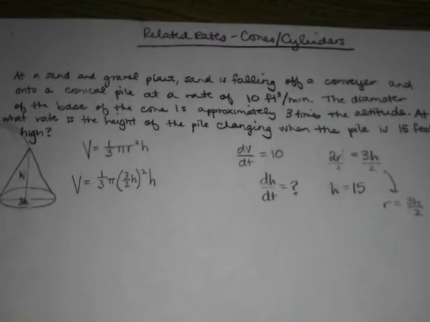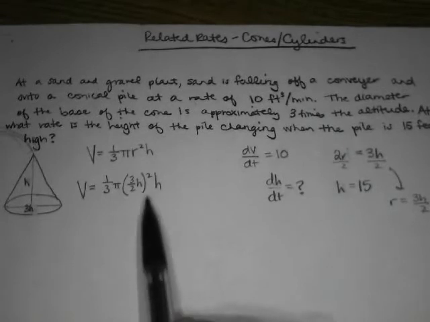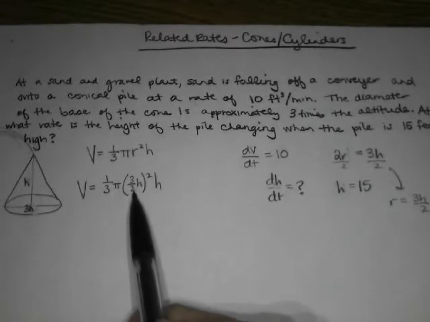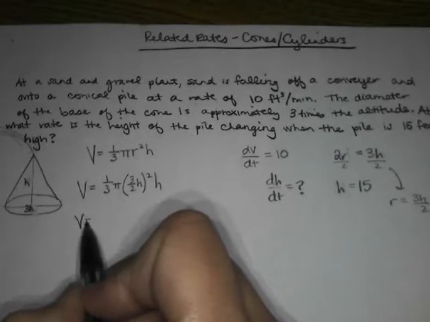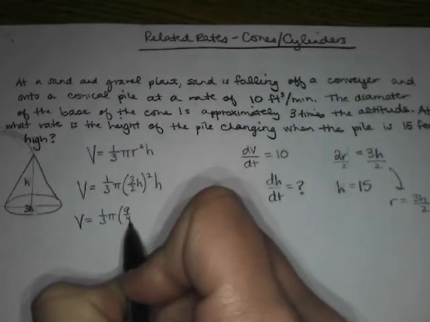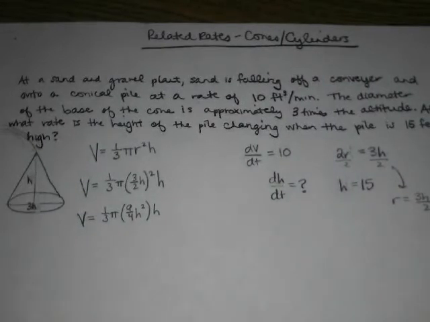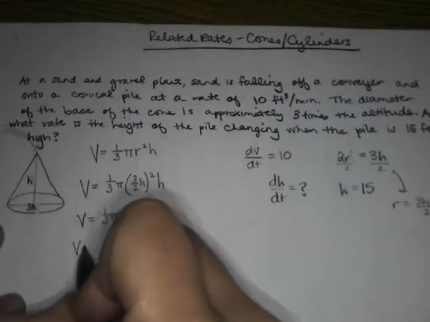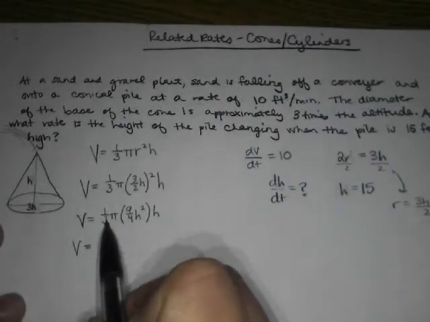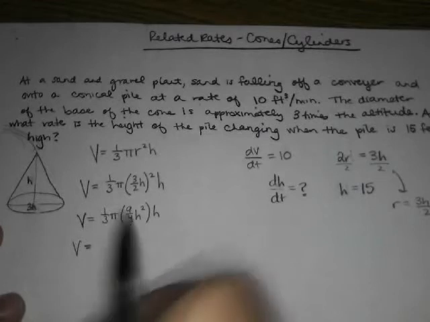And then I'm going to clean up the original equation first. So what's 3/2 squared? 9/4. I'm going to take my time with this, but some of you will be able to skip steps a little faster. So 9/4 H squared. And then when you multiply this whole thing out and clean it up, 1/3 times 9/4 is 9/12, yes?